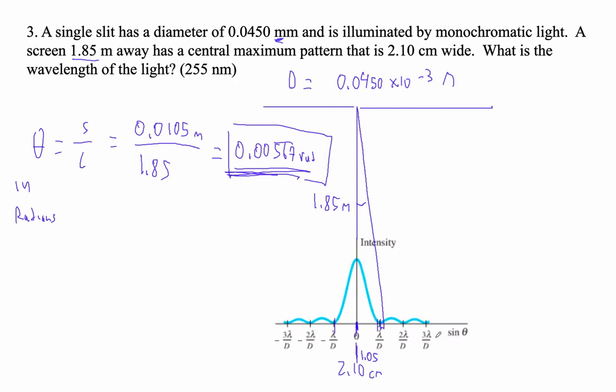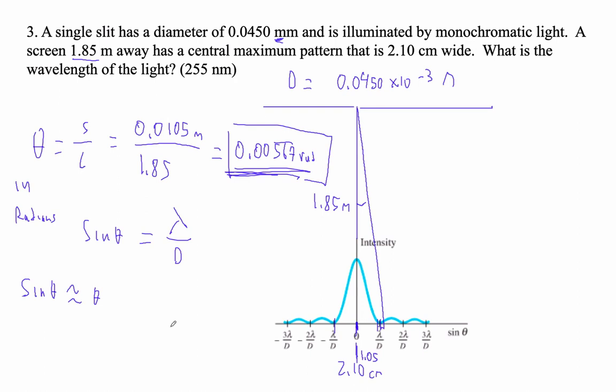So we also know that the sine of that angle is equal to lambda over d. Now we could calculate the sine of the angle, but remember that for small angles, the sine of the angle is approximately the angle.